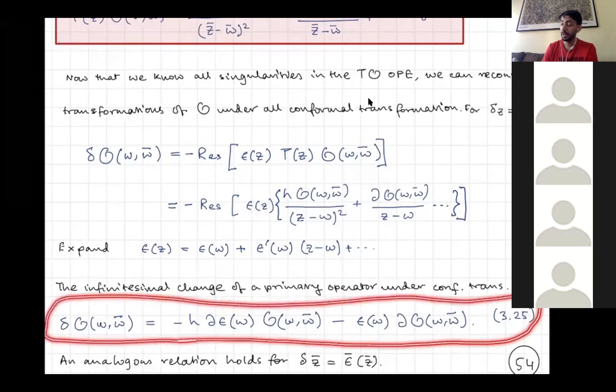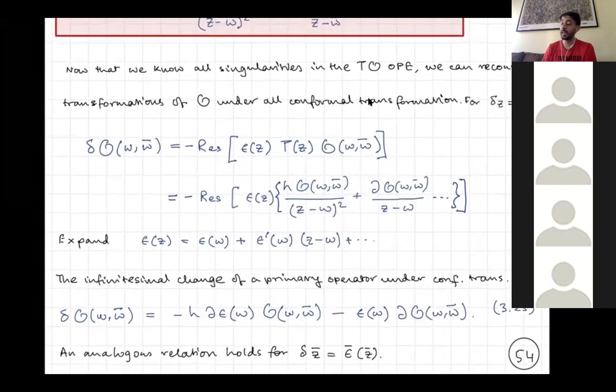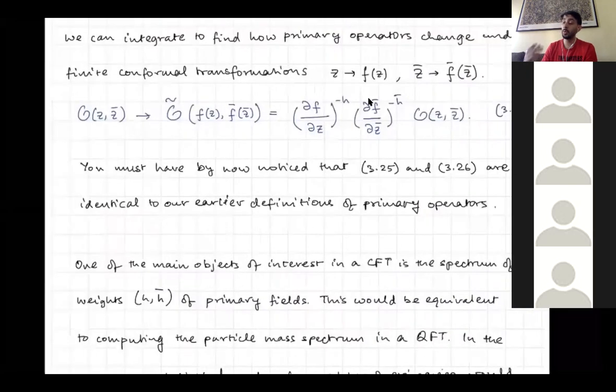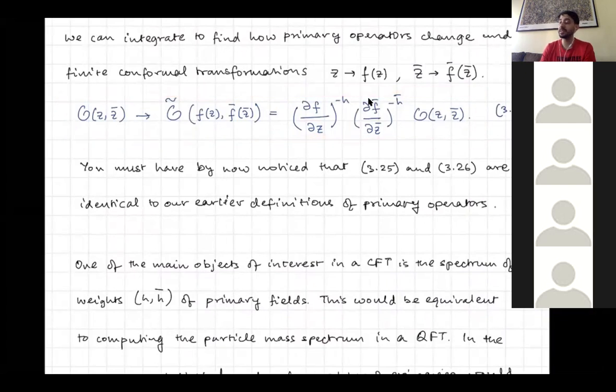Okay, and you're going to get an analogous thing for z bar, equal to epsilon bar z bar. That's fine. So when you integrate this, you end up with equation 3.26, and the infinitesimal version as well as the finite version are identical to the ones that we had done before.